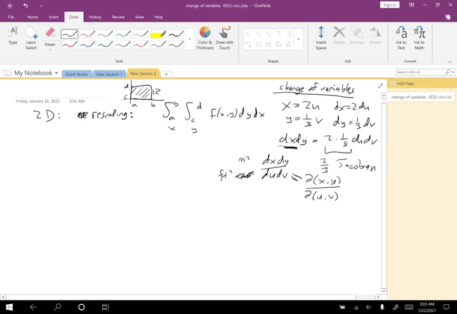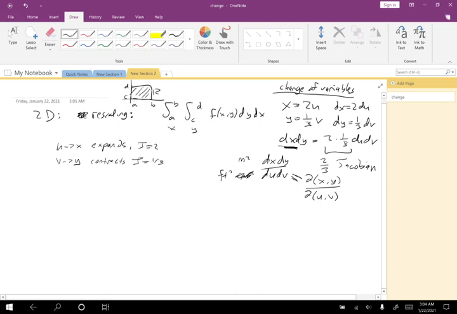Okay? So if you do the substitution, in this case u to x expands because the Jacobian is 2, and v to y contracts because the Jacobian is 1/3.